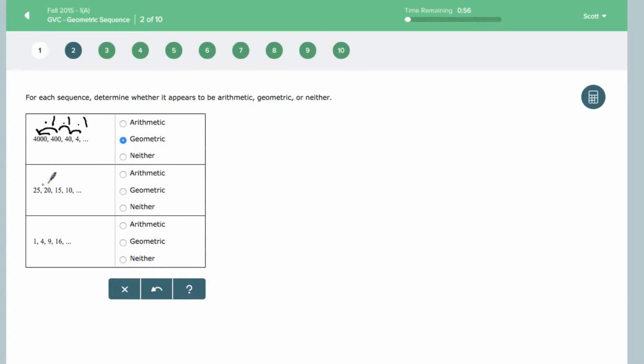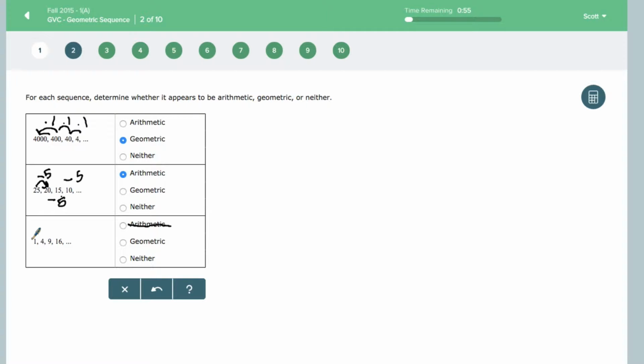But we see, hey, it's going down by 5, negative 5, minus 5, and minus 5. So it has a common difference this time. Every single time it has a common difference of negative 5. So that is arithmetic.